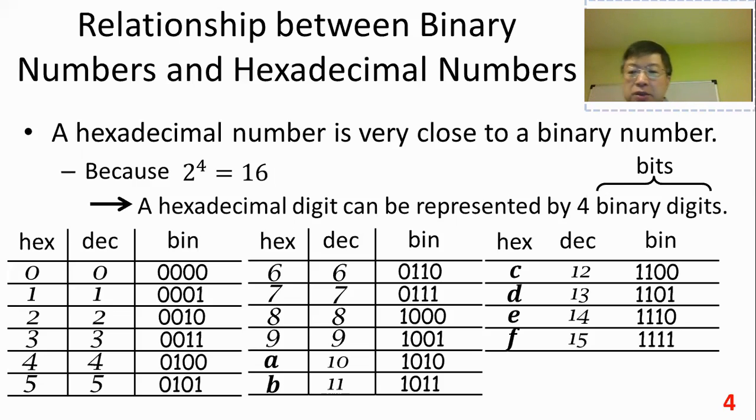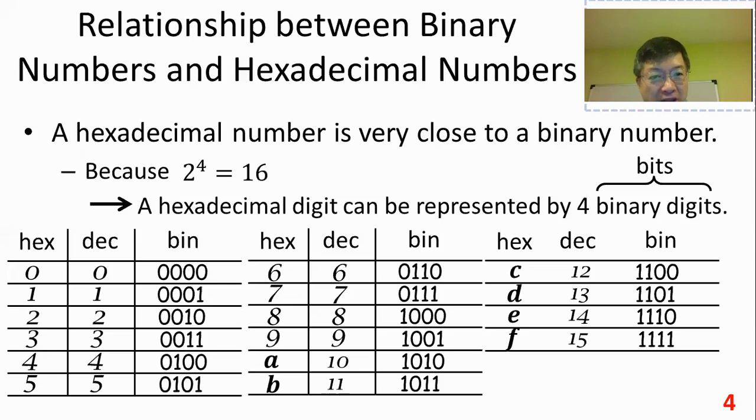So now you can see that's all the possible cases that we can represent using 4 bits, covering all the possible cases. That's what I said in class, why each hexadecimal digit is equivalent to 4 bits, a half byte.